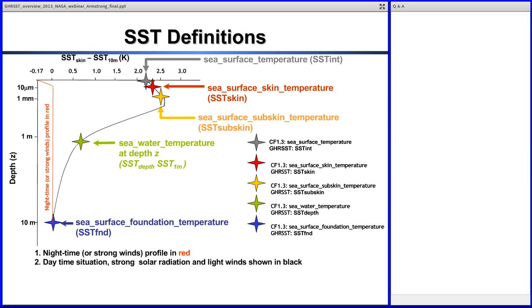These names, sea surface temperature, skin sea surface temperature, are now officially Climate and Forecast standard names. They have been registered and are recognized as common metadata standard names for these particular sea surface temperature observations.